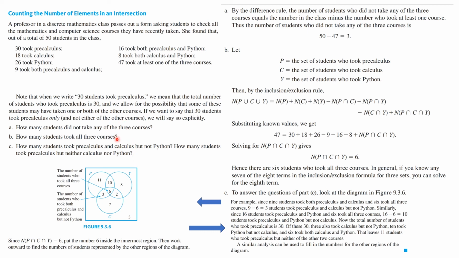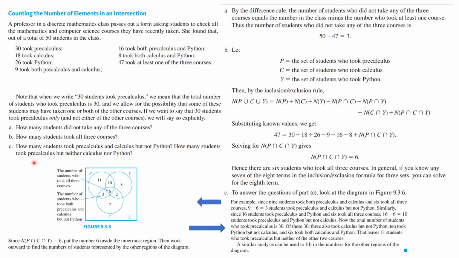Well, wait a minute, what was that? Pre-calculus was P, Python is Y, good. Okay, so how many students took pre-calculus and calculus but not Python? Oh, excuse me. That is going to be 3. That's just 3. I'm sorry. I was forgetting what Python was.